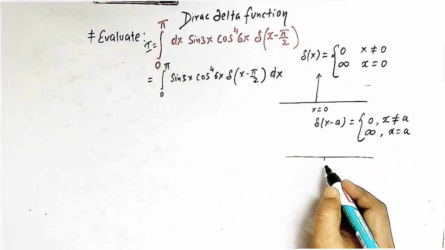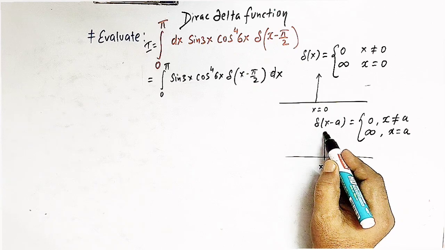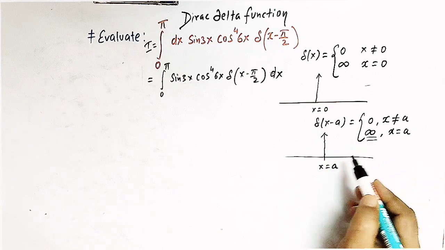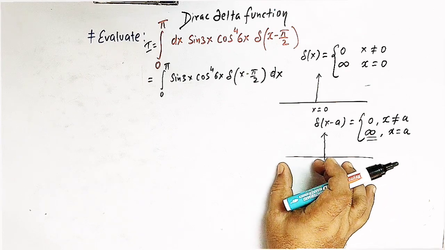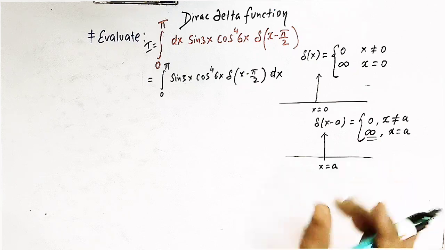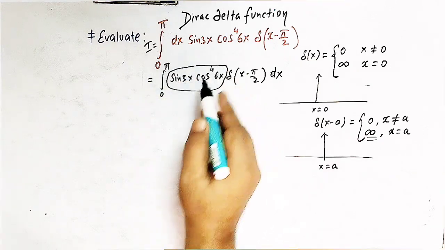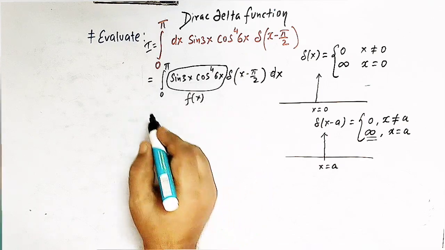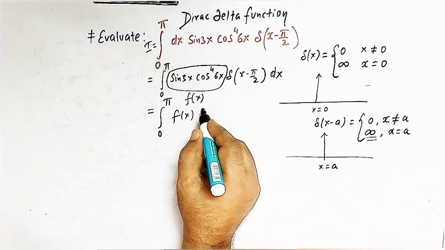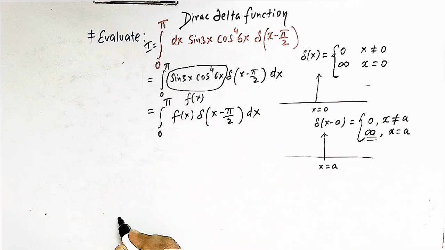So here we have x equal to a, and the spike, delta of x minus a, is infinity for x equal to a, and for all other points except x equal to a, the delta function is 0, right? So if we take this function as f of x, then we have the integral from 0 to pi of f of x and delta of x minus pi by 2 dx, right?